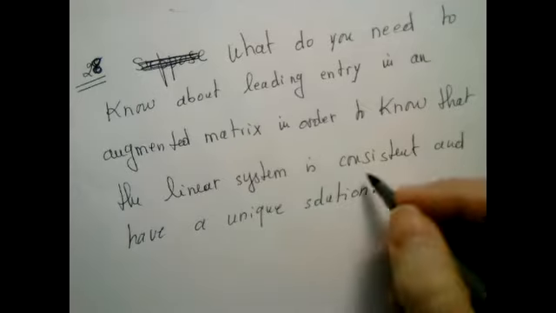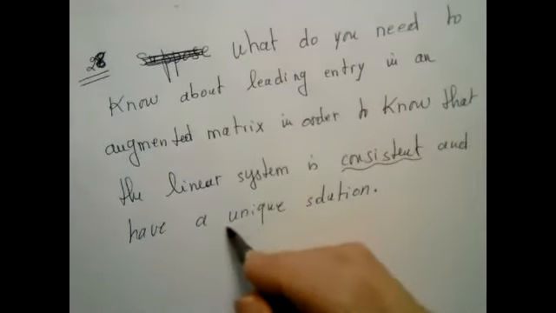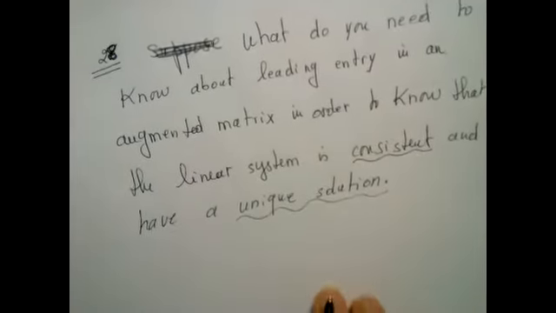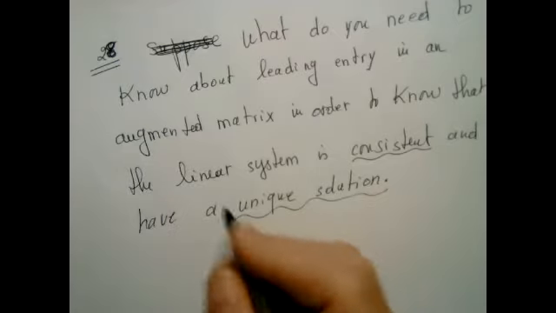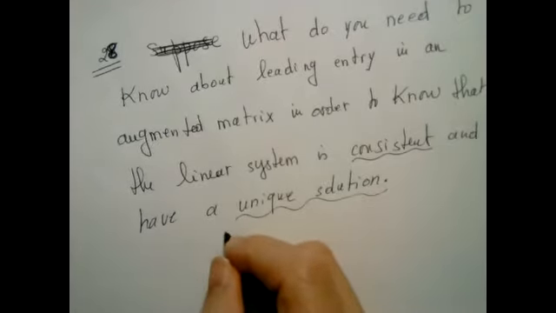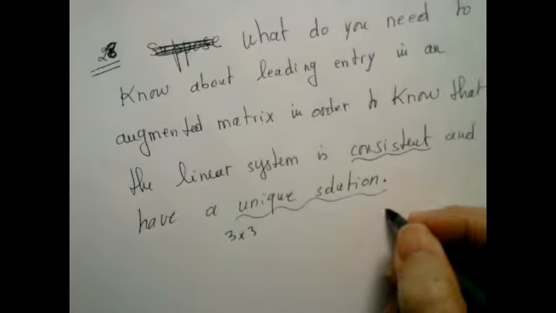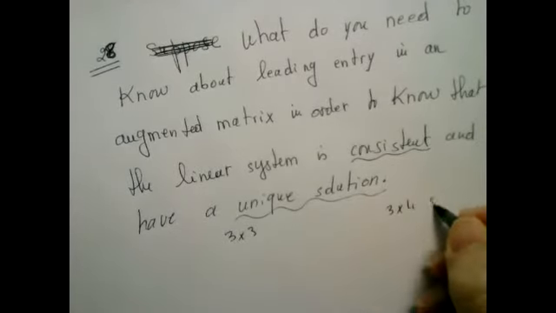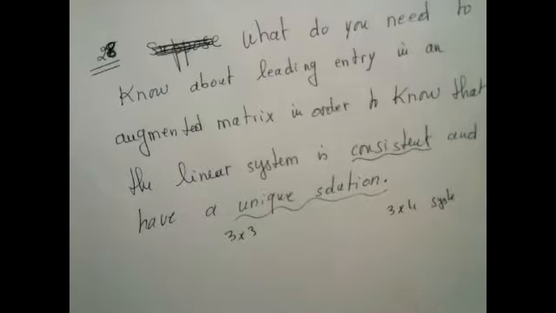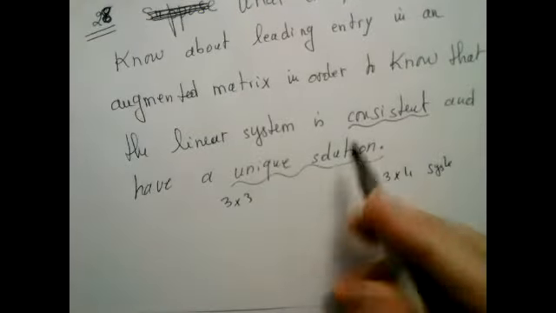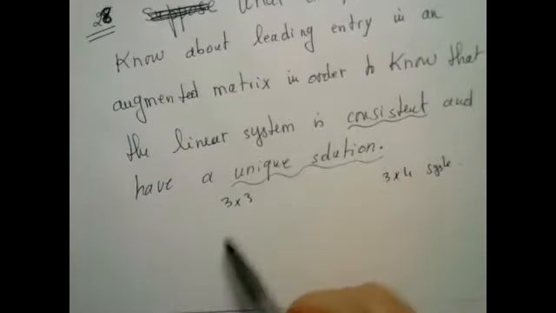We want it to be consistent, and we want a unique solution. So imagine a scenario for, let us say, a 3x3 system. Then imagine a scenario for a 3x4 system. If you want consistent and unique, what should happen?